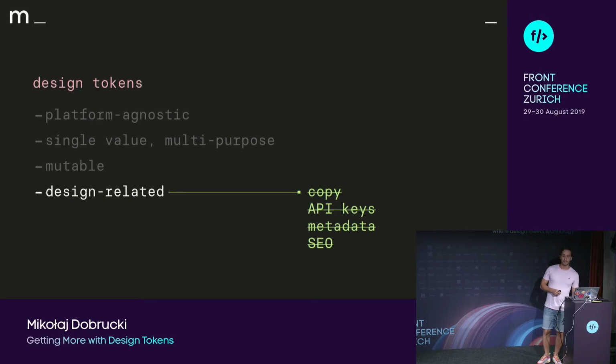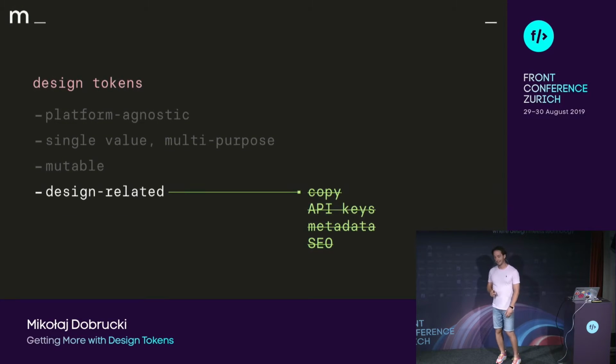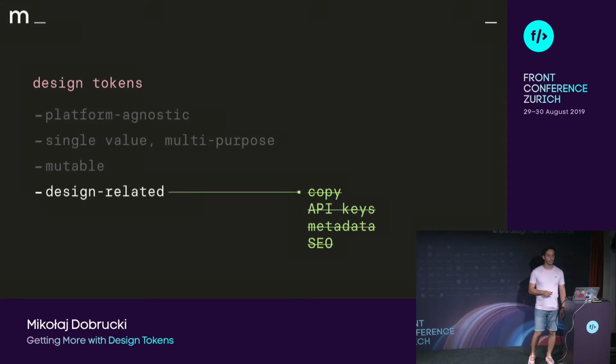And eventually, design related. Might sound obvious, but it usually isn't that much. So we use design tokens for stuff that is actually related to design, so rather not copy changes or API keys and environment variables. So what are those design tokens?